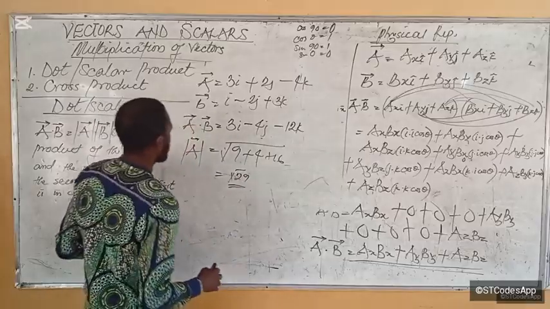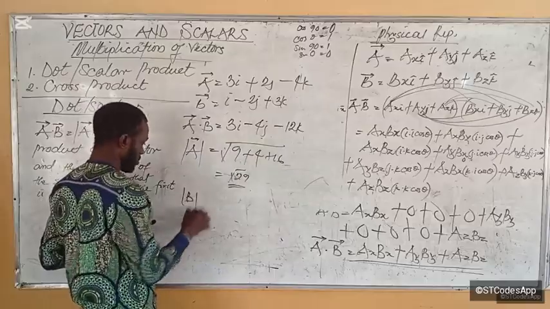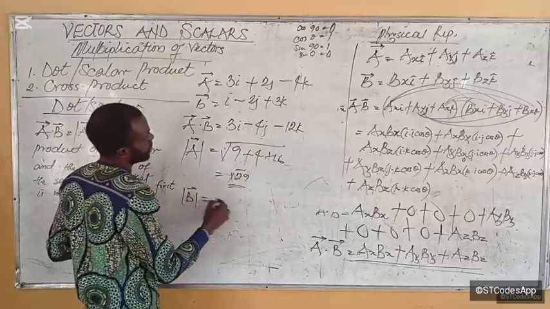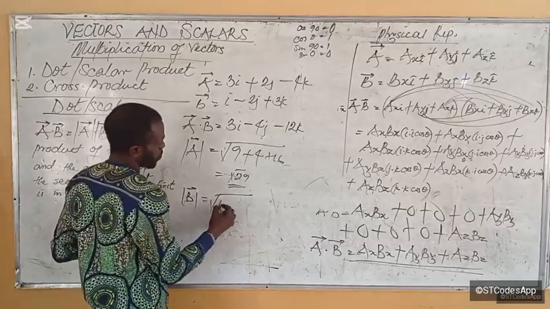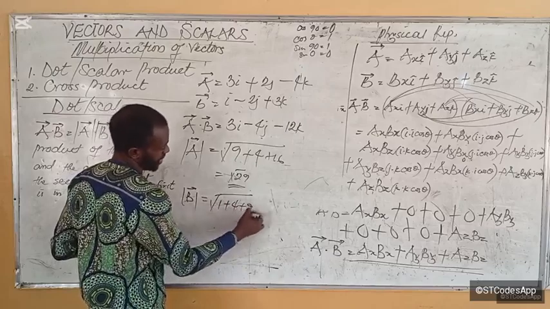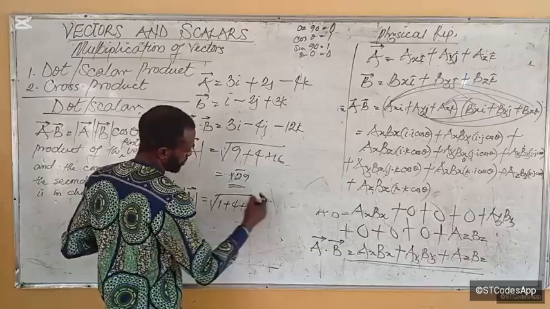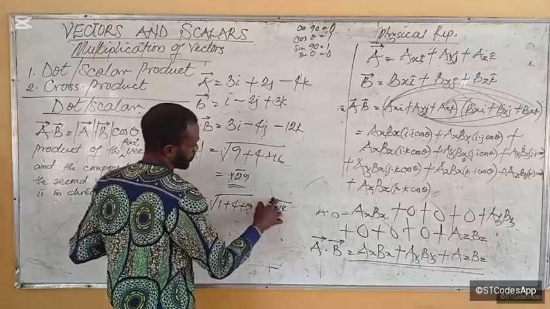Okay? Then the magnitude of B is going to be the square root of 1 plus 4 plus 9. That becomes square root of 14.